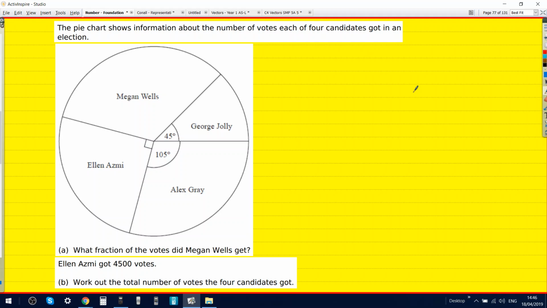Okay, how about this one? Okay, pie chart. What fraction of the votes did Megan get? We know that all the angles have to add up to 360.